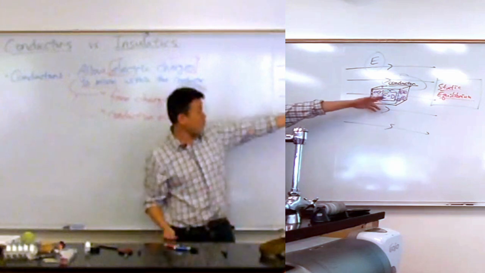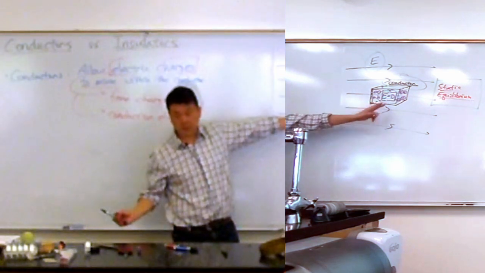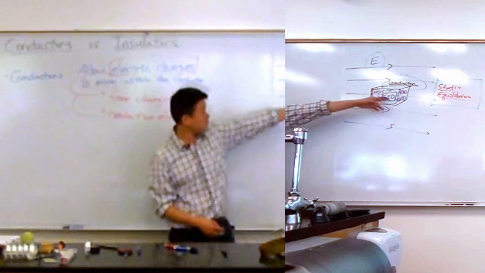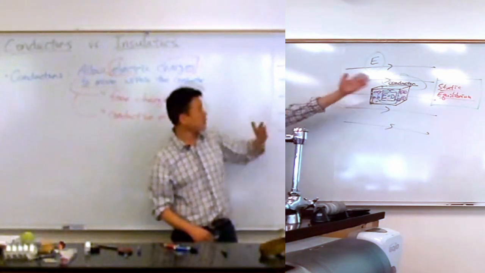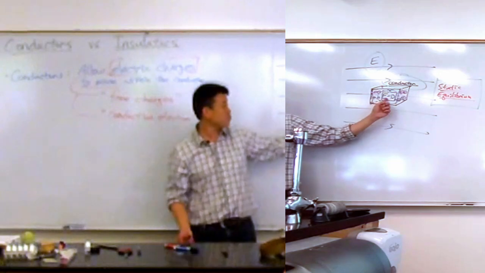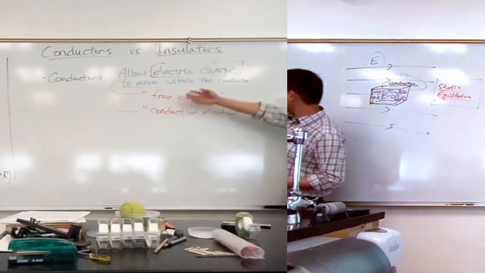So this is one of the rules about conductors. There are two more that I'll tell you eventually, but this is one of them. And it's not some rule that somebody just made up. It's a natural rule that follows from the property of a conductor.